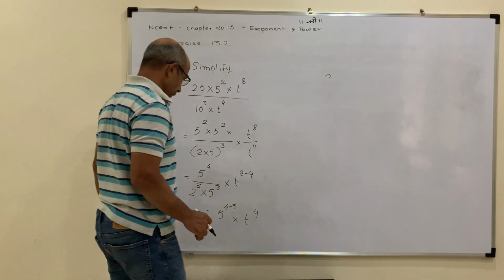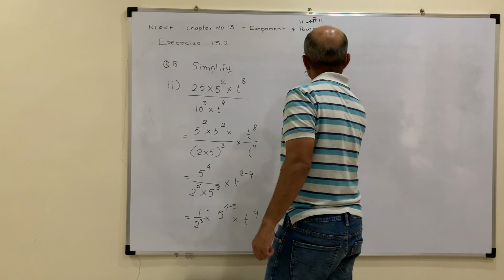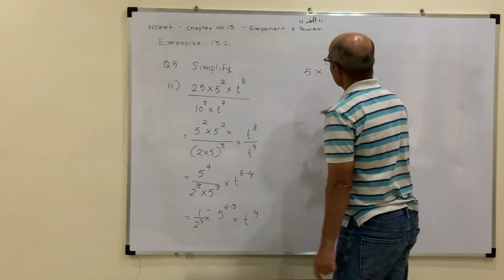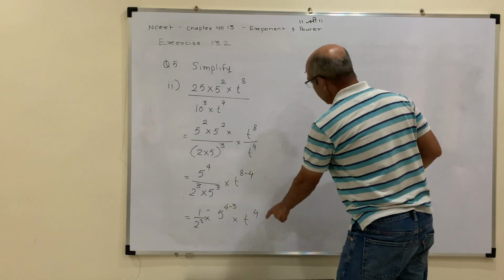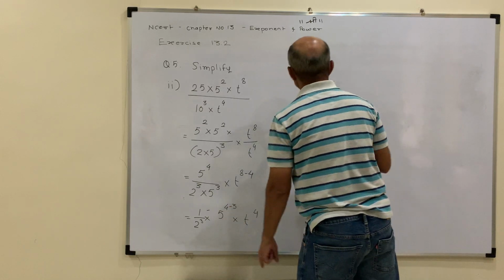So my next step will be 5 into, 4 minus 3 comes out to be 1, t raised to 4 divided by 2 raised to 3.